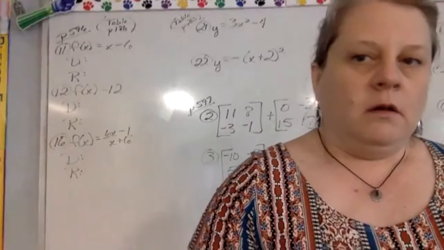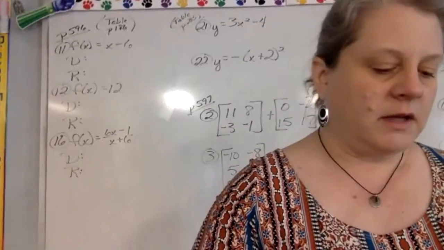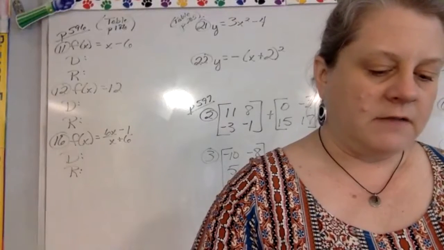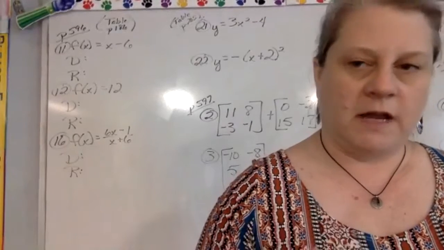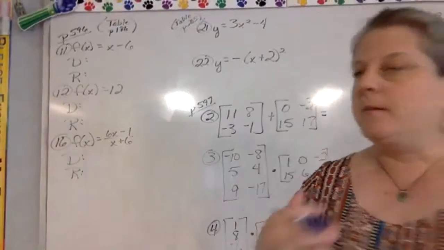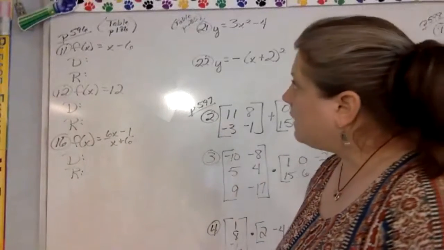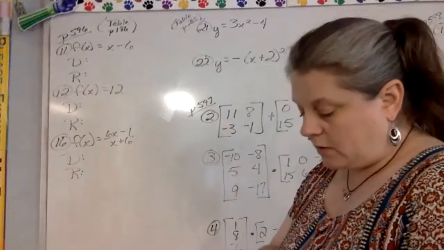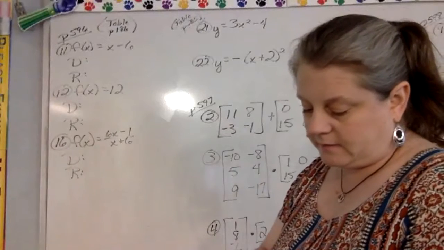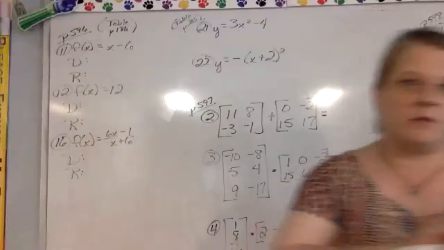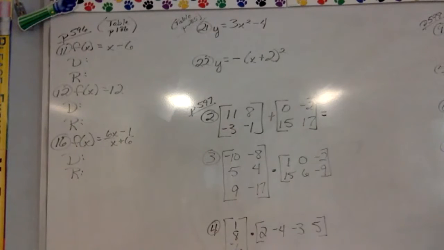So on here, on number 11, our directions say write the domain and range of each function in interval notation. Okay, now we talked about domain and range in chapter 4, and I put up here that it's on a table on page 186. So before we go anywhere else, flip back to page 186 after you've got your problem written down.